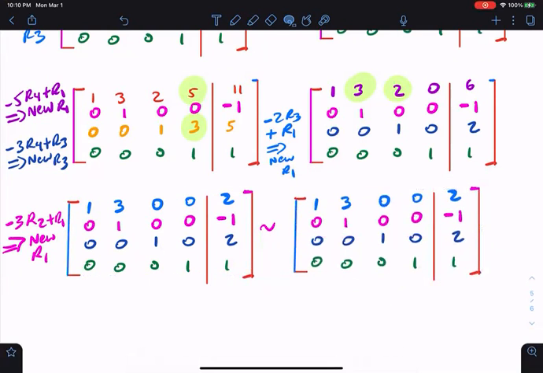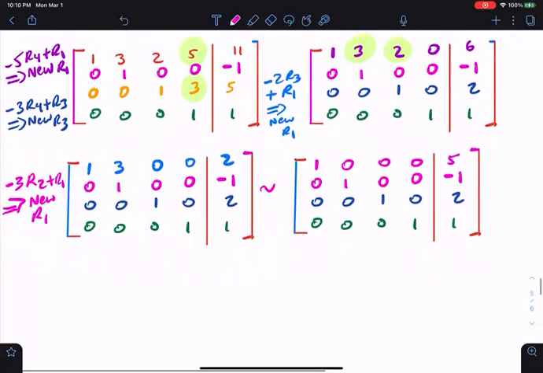So row 1 is going to change one more time, and we're multiplying negative 3 times row 2 and then adding row 1. Negative 3 times 0 is 0, plus 1 is 1. Negative 3 times 1 is negative 3, plus 3 is 0. Negative 3 times 0 is 0, plus 0 is 0. Negative 3 times 0 plus 0 is 0. Negative 3 times negative 1 is 3, and 3 plus 2 gives you 5. So that's the answer for this problem.